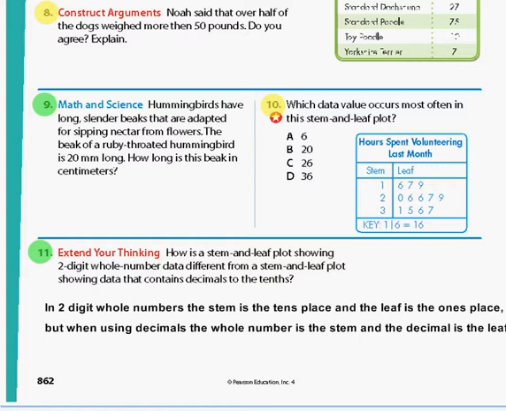How long is the beak in centimeters? So, box in my question. My answer is going to be in centimeters, so I'll abbreviate centimeters right there. And what I know is the beak's length is 20 millimeters.